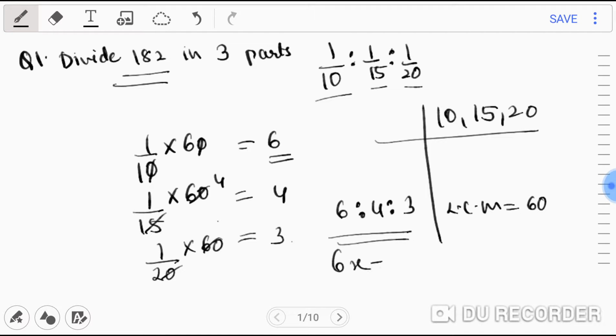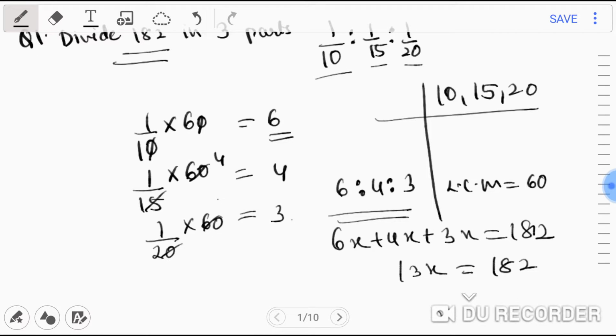That means 6x plus 4x plus 3x is equal to 182. From there you will get 13x is equal to 182, and you have to find the value of x, that is 182 divided by 13. Once you have the value of x, you have to put it in these 6x, 4x and 3x to get the actual parts.